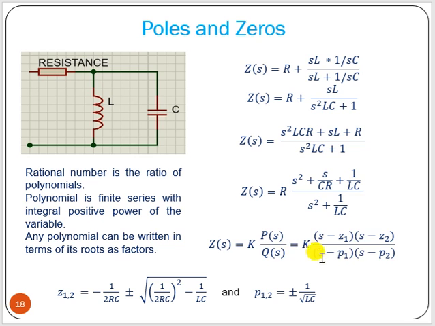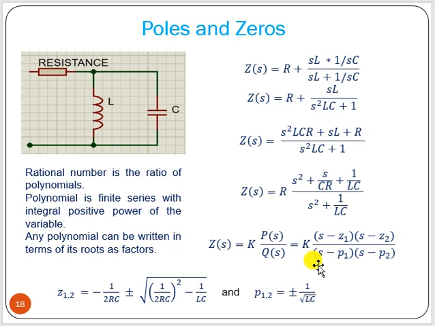Now after factorizing, suppose we put one of the root values z1 in this equation, then what happens? The numerator term becomes 0, z1 minus z1 is 0, or z2 minus z2 is 0, which means the Z(s) function becomes 0. That means the roots of the numerator polynomial make this function equal to 0. That's why the roots of the numerator are called zeros.